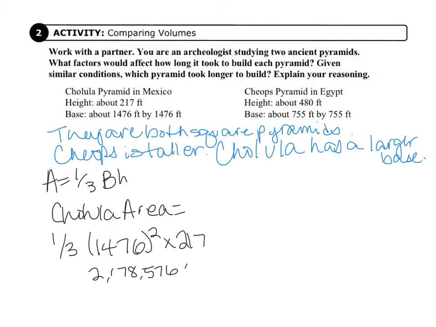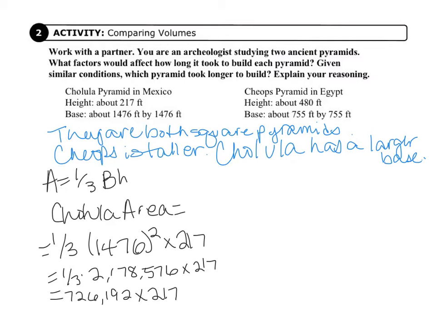Now we still need to multiply that by 217 and by 1/3, but we're getting there. So let's go ahead and do some more calculations. Now to make my numbers a little bit smaller, I multiplied by 1/3 first and got 726,192.